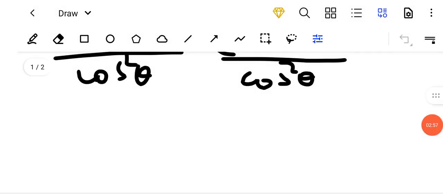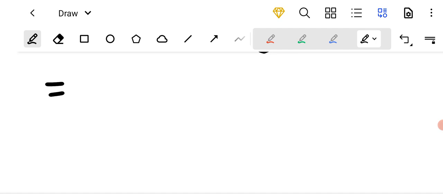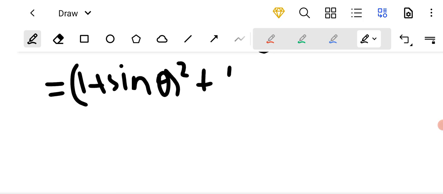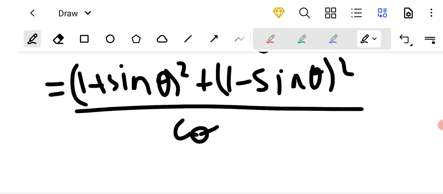Okay, so this is where we ended. So I'm supposed to say is equal to (1 plus sine theta) squared plus (1 minus sine theta) squared, and you divide everything by cos theta squared.